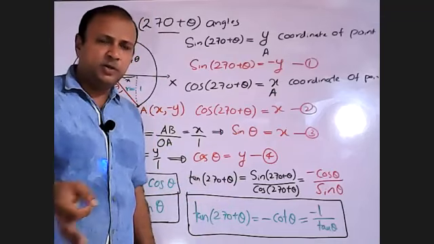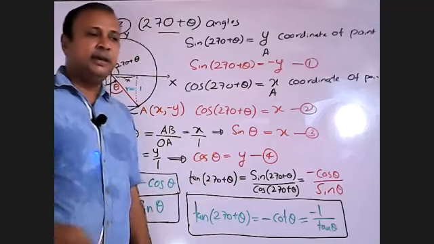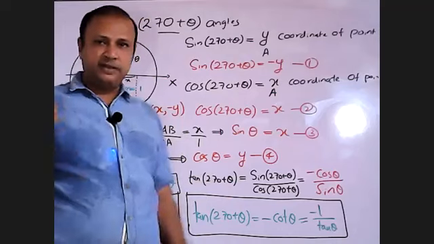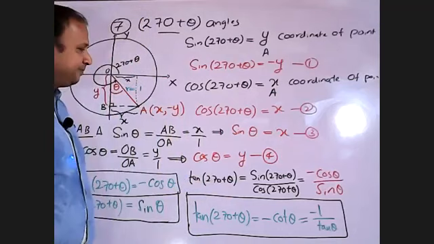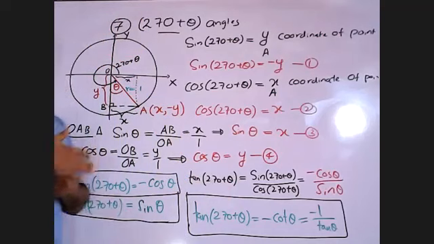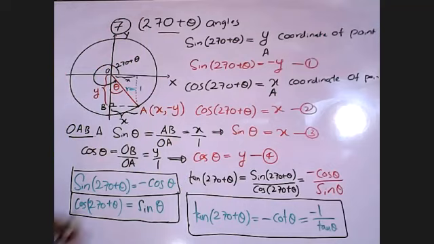Do it on a rough sheet, take a photograph and send it to me. Quickly do that. I will give you 15 minutes. First, copy this down, then do it for 360 plus theta and 360 minus theta.